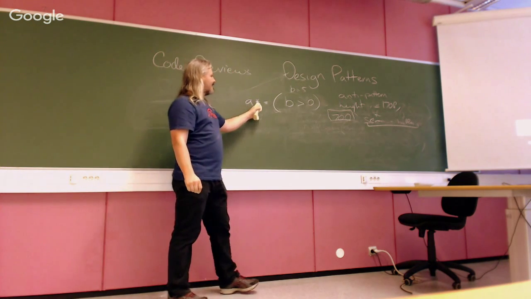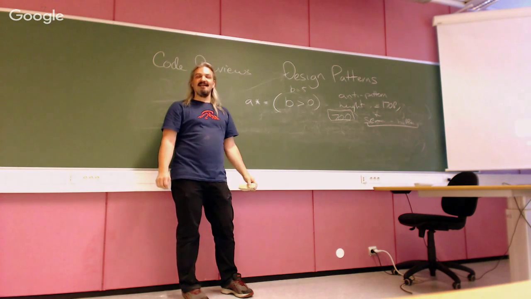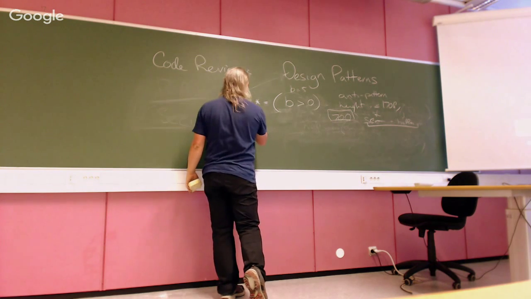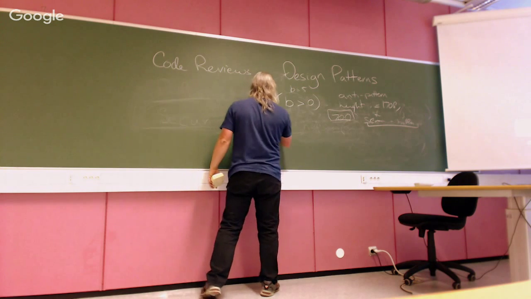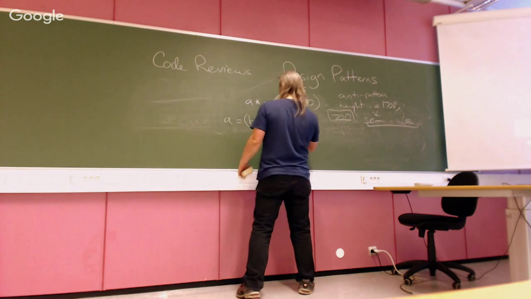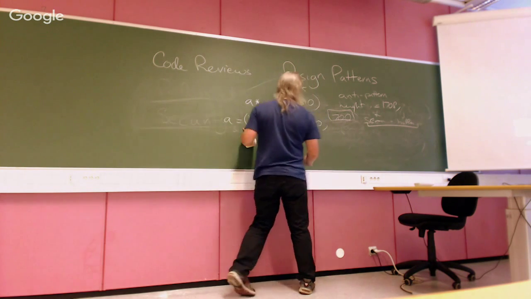If someone wrote A star equals B greater than 0, would your mind not immediately go to saying that is equivalent to A equals B greater than 0, question mark, A, 0? Yeah.